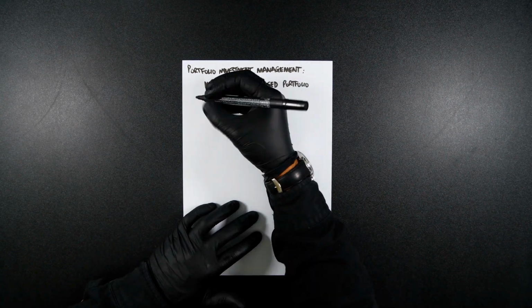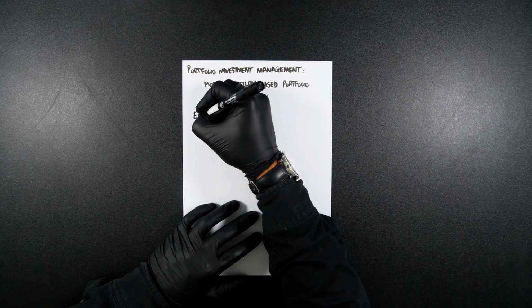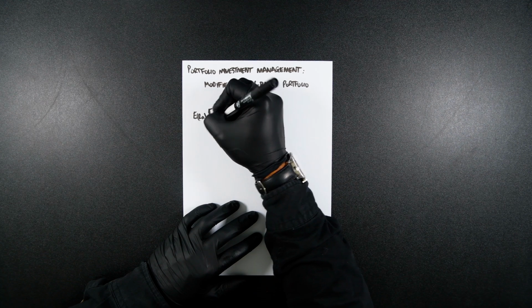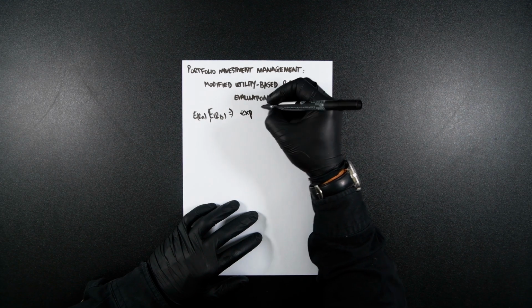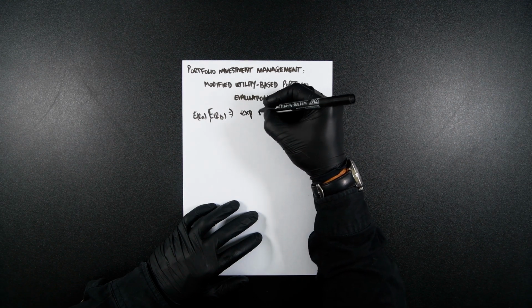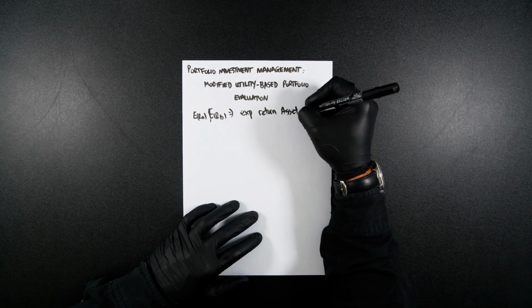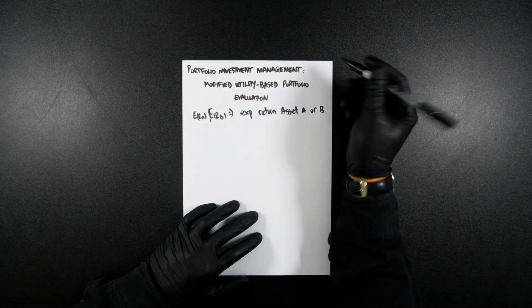So let's first start defining our terms. So we're going to have ERA and ERB, which you should be fairly familiar with. That's going to be the expected return of asset A or B, dependent on A or B there.